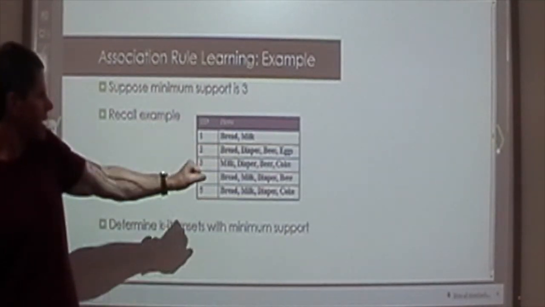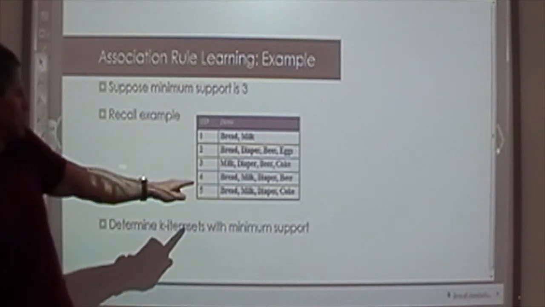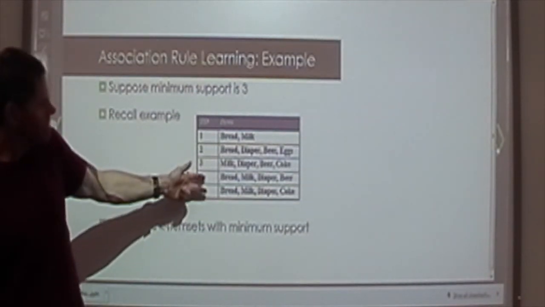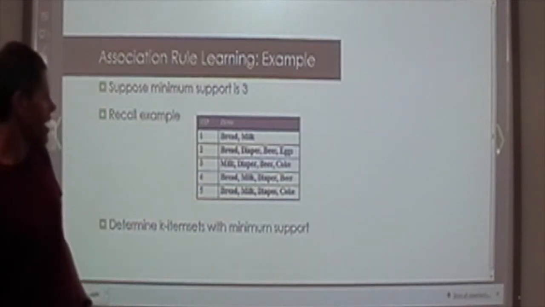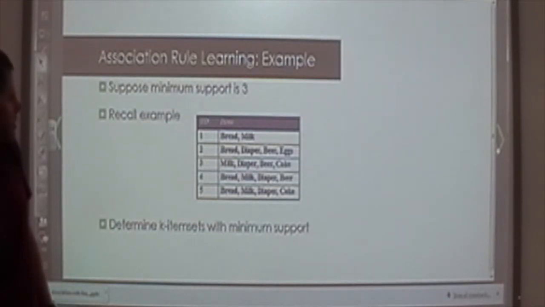We don't want to look at eggs or Coke, but I'm trying to find the small one. Milk and diapers. We see them in 3, 4, and 5. What was the other one? Bread and diaper is 3.